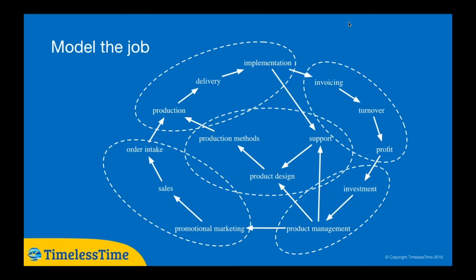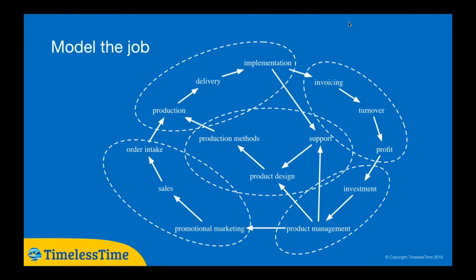So that job would become, instead of being promotional marketing, sales, and order intake, a computer would take over the order intake, perhaps being an online order taking activity, while sales was separated and promotional marketing separated. So there we go. We can actually generate the jobs or the roles, group them into jobs, and we can play any tune we like on this model. We can reconstruct it any way we like.